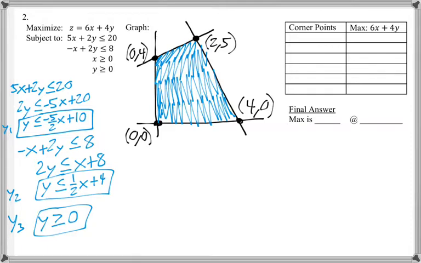So again, just to recap, any point in the feasible region satisfies all of these constraints. However, the only points that we care about in the feasible region are the corner points, because those are the candidates for the maximum.